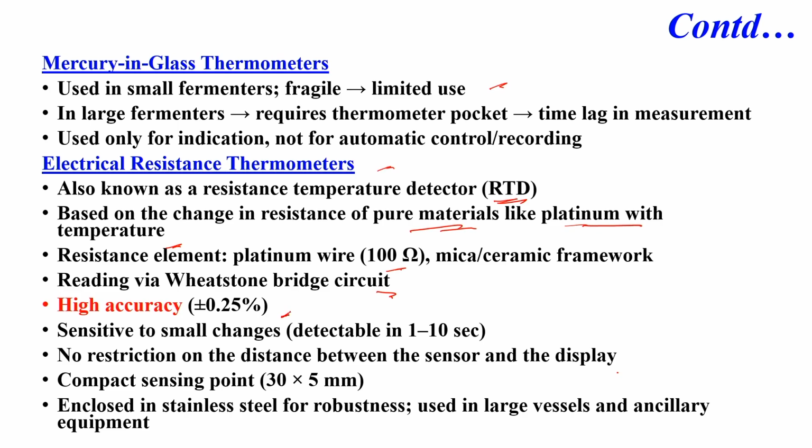This method is highly accurate. The accuracy is plus or minus 0.25%, it is sensitive to small changes, and there is no restriction of distance between the sensor and the display. It is compact and enclosed in stainless steel to provide robustness, and as I said, it is used in large vessels.